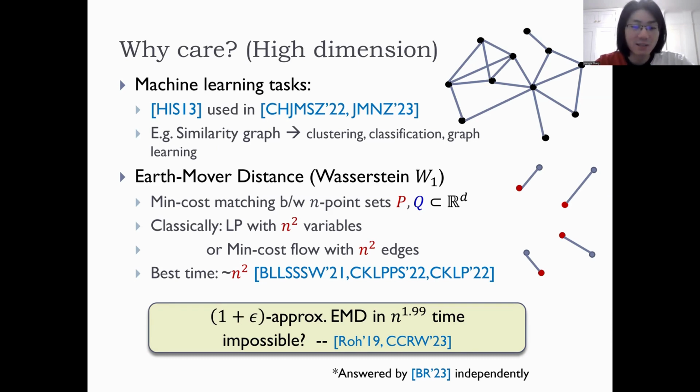And our result, together with BR23, independently proves that EMD distance can be approximated efficiently. However, our result is a multiplicative approximation, while BR23 is an additive approximation.